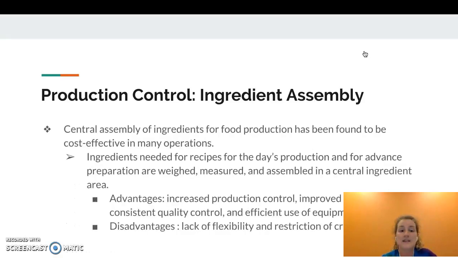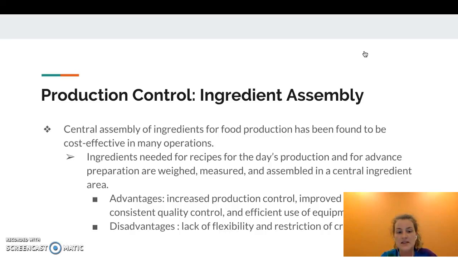Ingredient assembly. The most popular type of ingredient assembly is central assembly of ingredients, which is pretty much where they take all the ingredients in preparation and put them together in a bag or container and label them with the recipe. This has many advantages, such as increased portion control, improved security, consistent quality control, and efficient use of equipment.